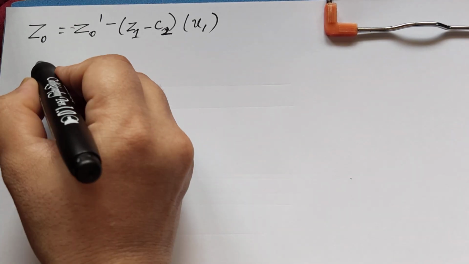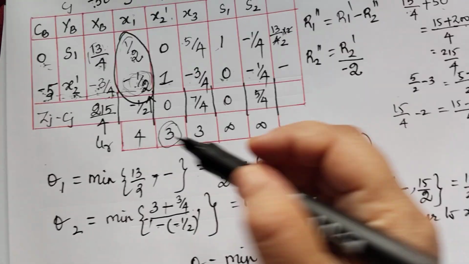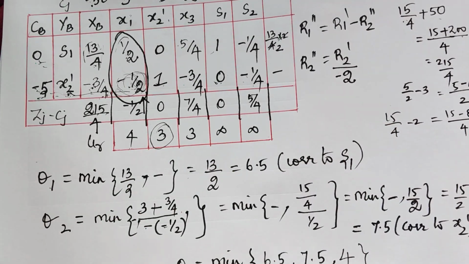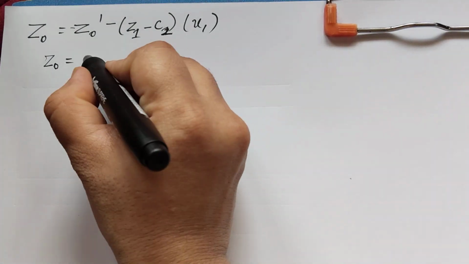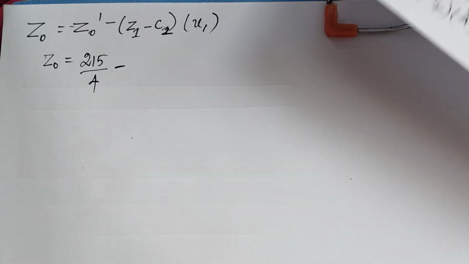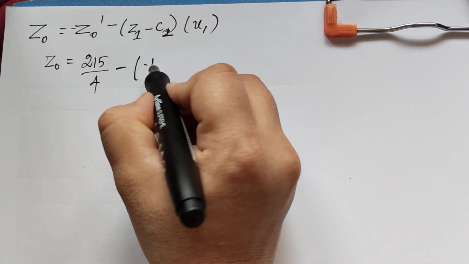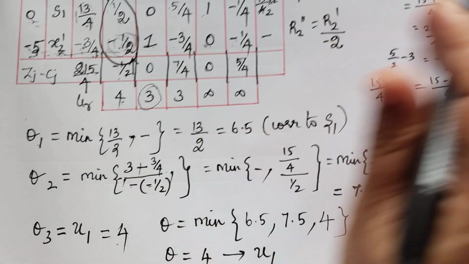And then the solution is also updated. What is the old solution that we have? We have 215 divided by 4, so we write that. 215 divided by 4 minus the most negative value that we had, which is minus 1 by 2, multiplied with the corresponding upper bound, which is 4.